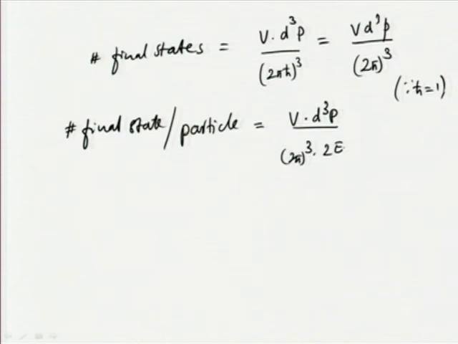And initial flux is equal to the number of particles per unit volume times the velocity of the particle, right. Essentially look at what is happening. There is a beam which is going in.